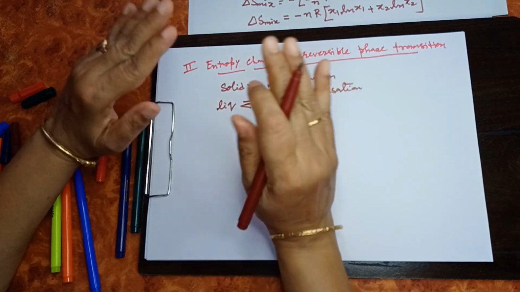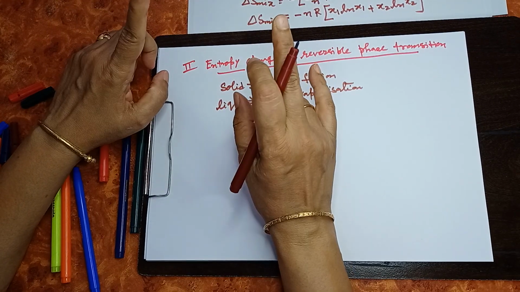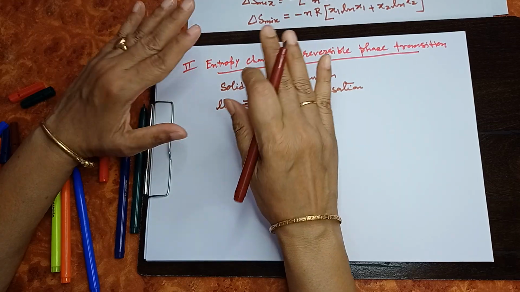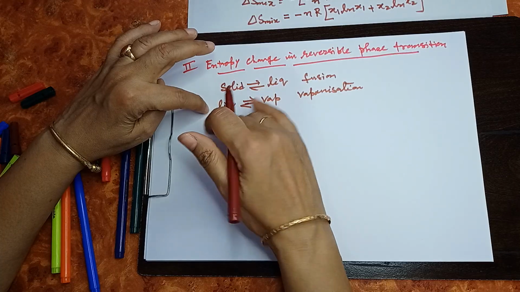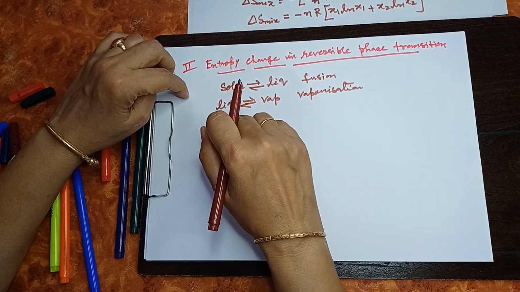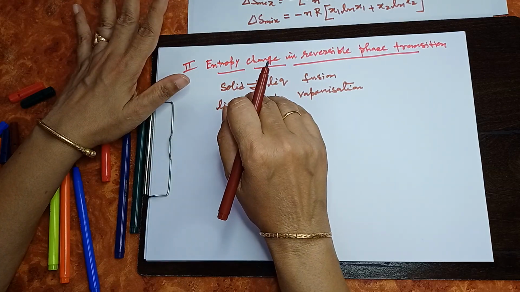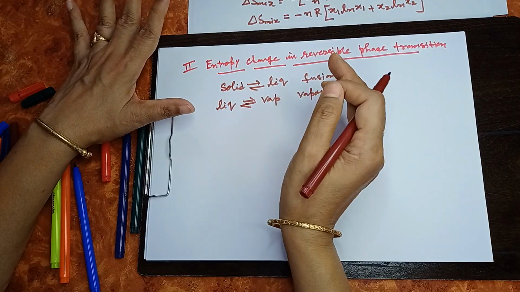It starts at a constant temperature and the temperature remains constant. Of course pressure should be constant, atmospheric pressure. Under constant atmospheric pressure, all the liquid is converted to vapor at a particular temperature.